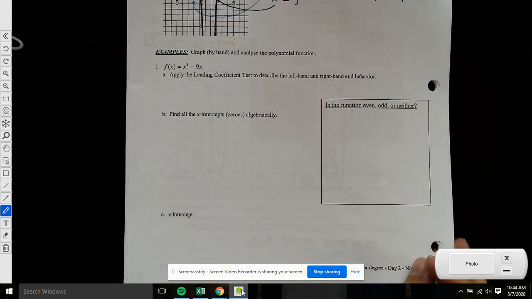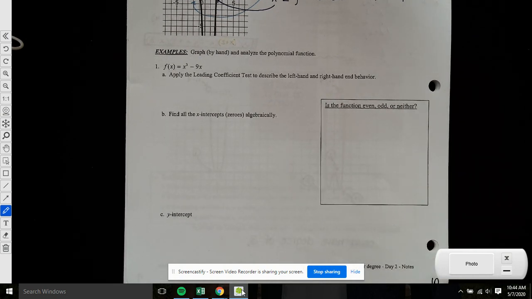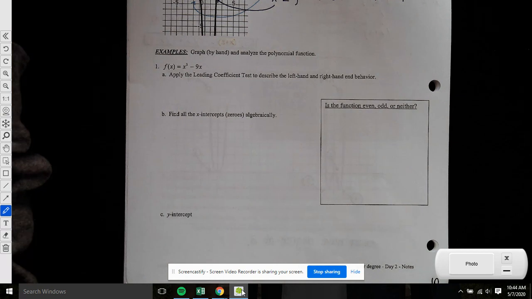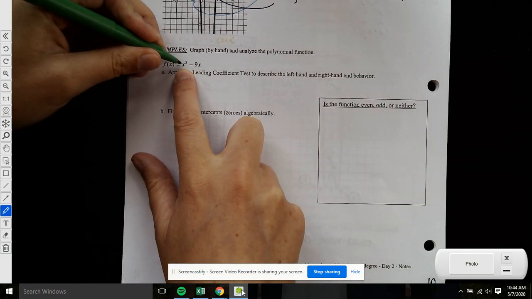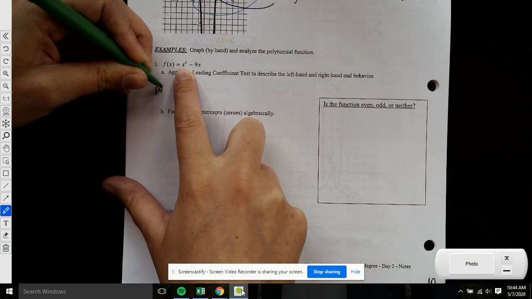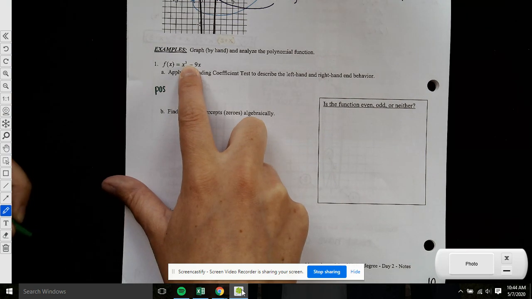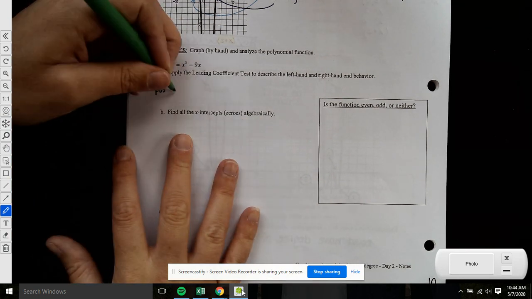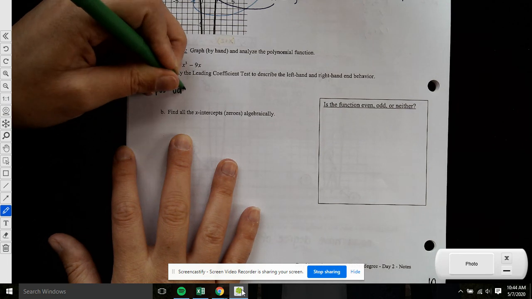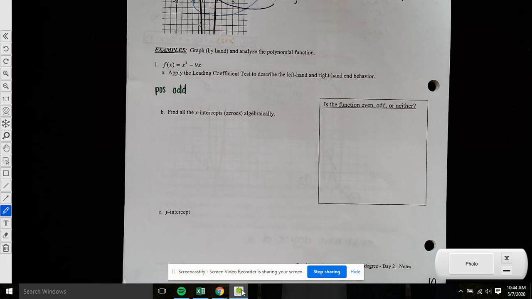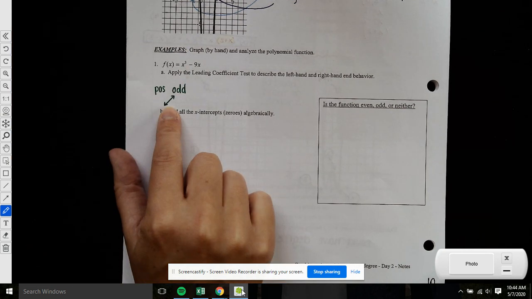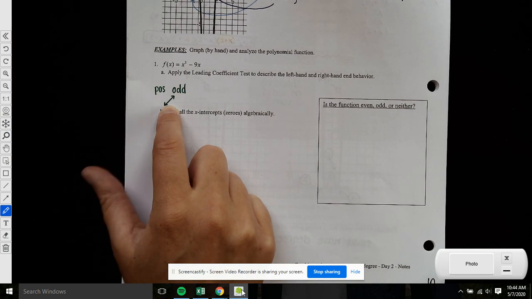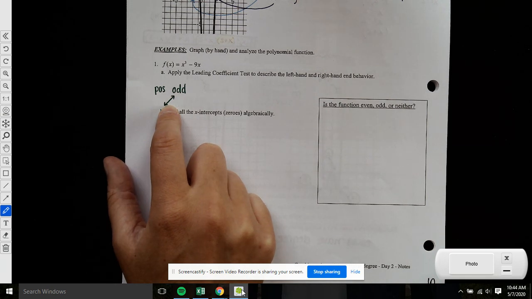The first thing we do for that is applying the leading coefficient test. If I look at this function, my leading coefficient is 1, so that's positive. And my degree is 3, so that's going to be odd. If I were to draw a little picture, this is what I would draw. This is how I know how I'm going to describe the left-hand and right-hand end behavior.